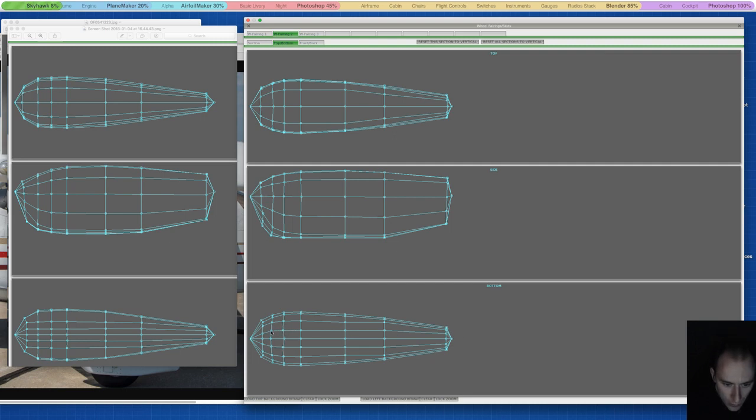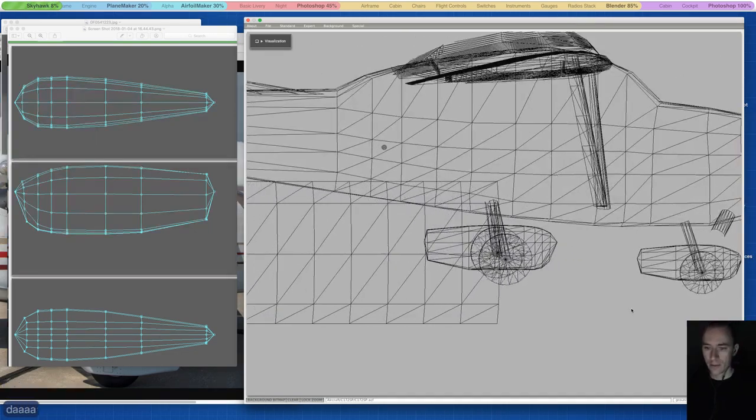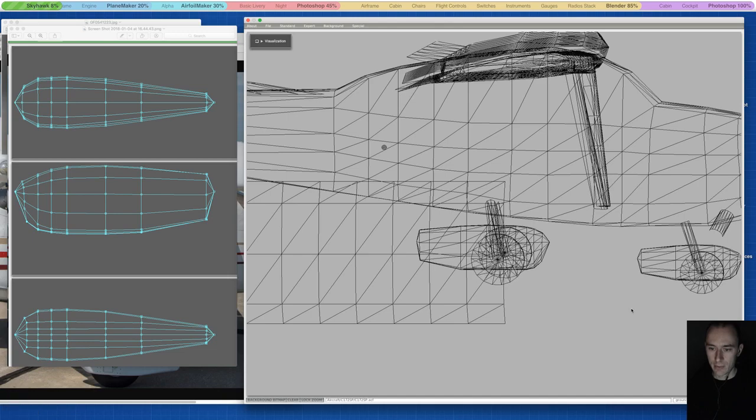There's a bit too much. Set to these two. These are okay. These are okay as well. Yeah, I think this is it. Looks pretty damn good.